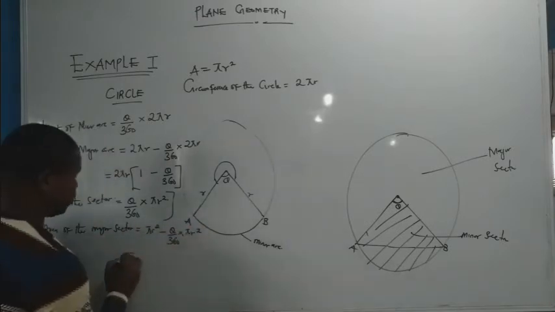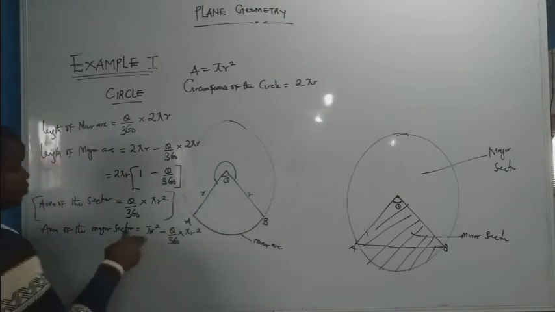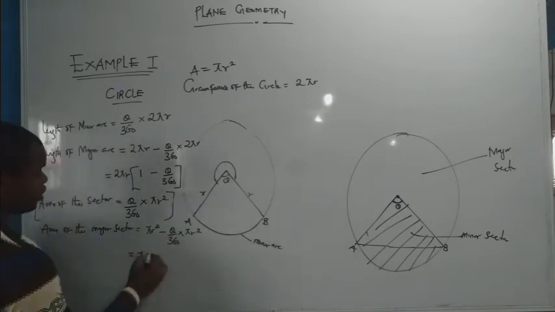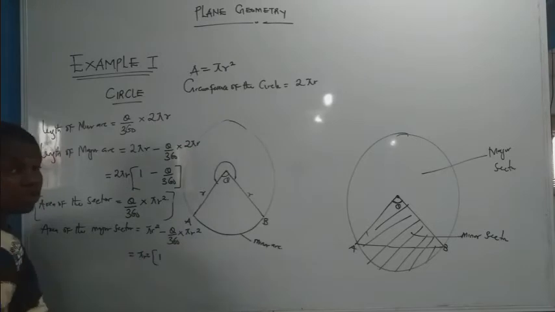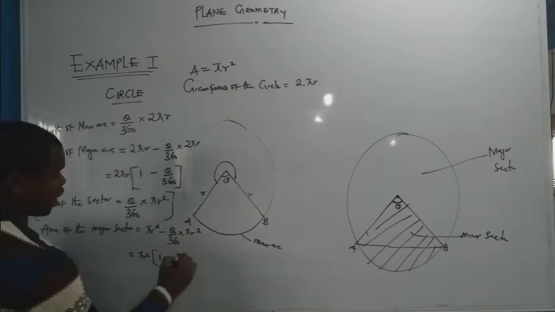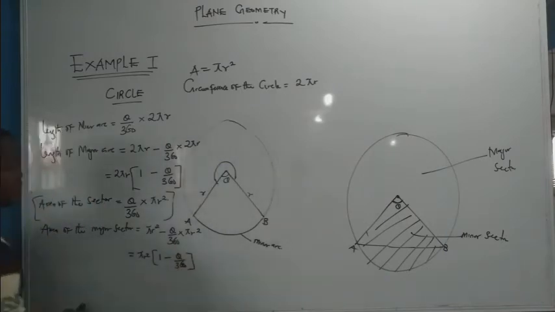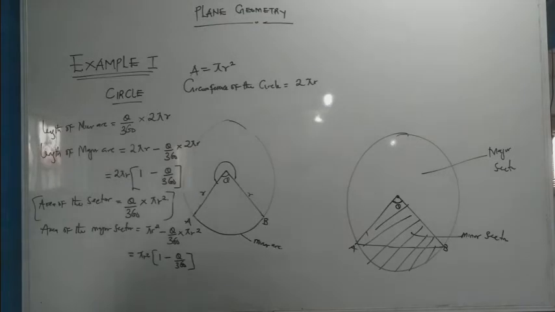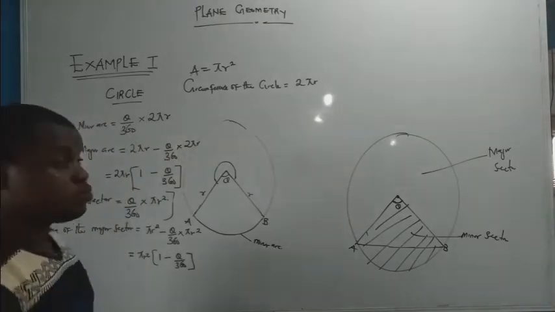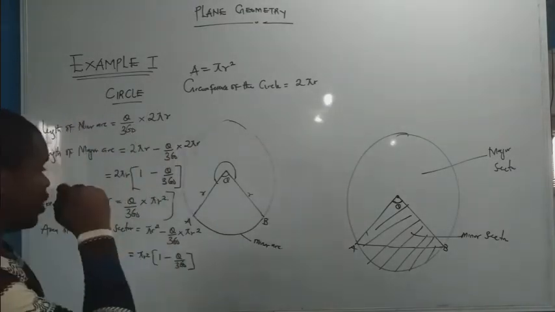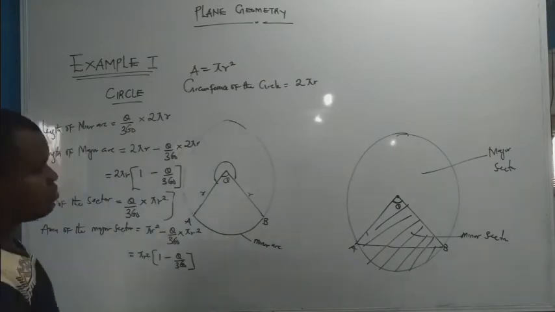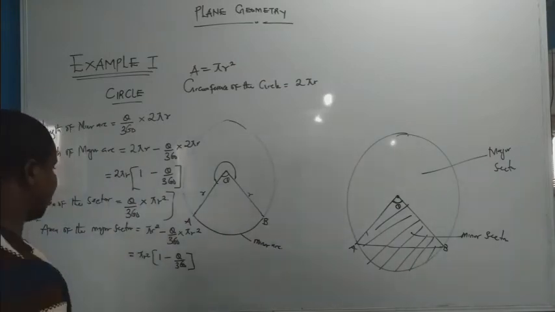When you factorize, you're going to have pi r squared in bracket 1 minus theta over 360. So this is the formula to calculate the area of the major sector. Okay. So the next aspect is to know how to calculate that of a segment. Is that clear?